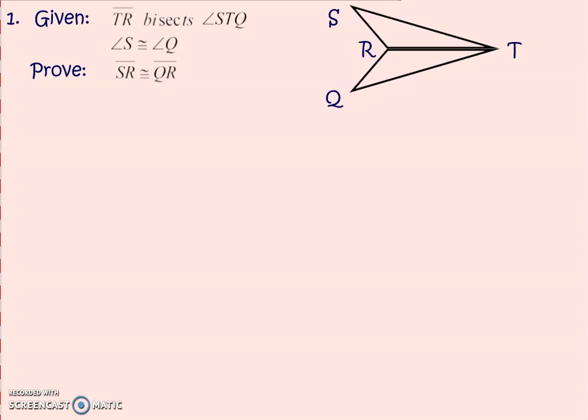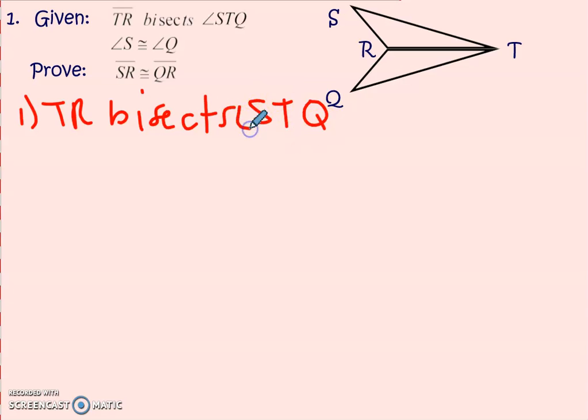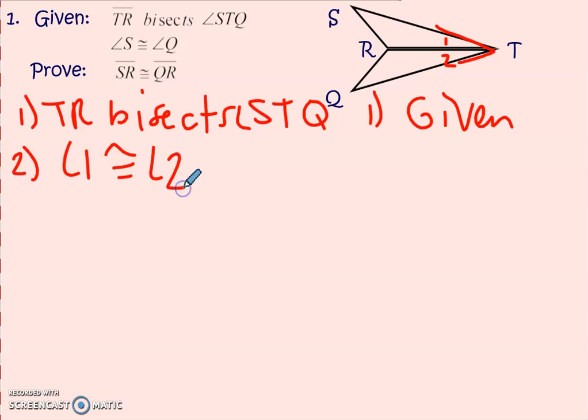So let's take a look at a proof like this. The first thing we have to do is prove our triangles are congruent. If TR bisects angle STQ, and we are given that, angle STQ is up here, so I'm going to put numbers in those angles. That means that angle 1 is congruent to angle 2, and that's our definition of an angle bisector.